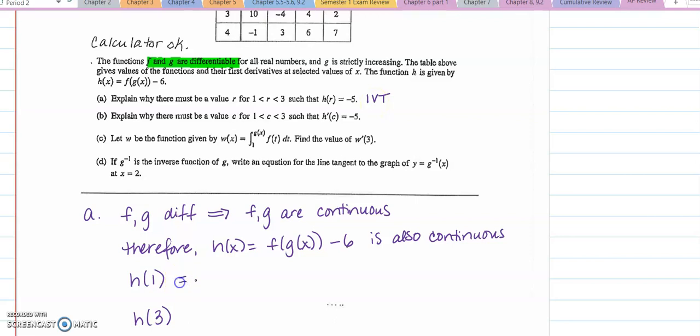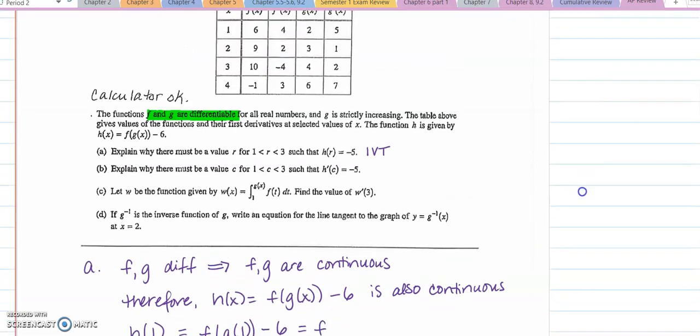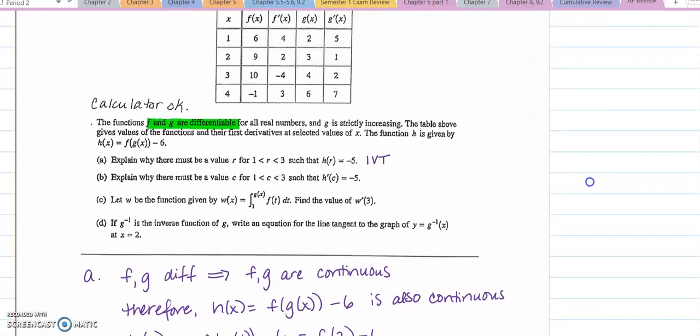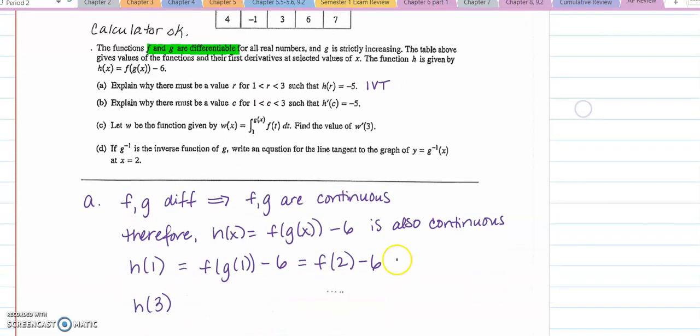So h of 1 is f of g of 1 minus 6. g of 1 is 2. f of 2 is 9.